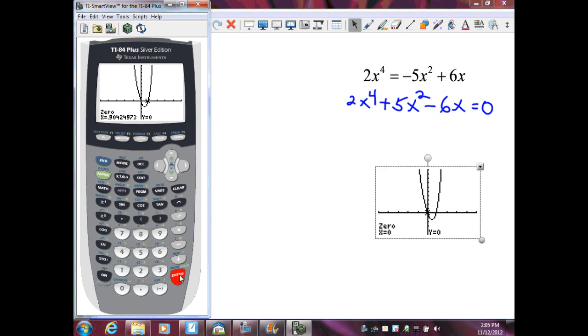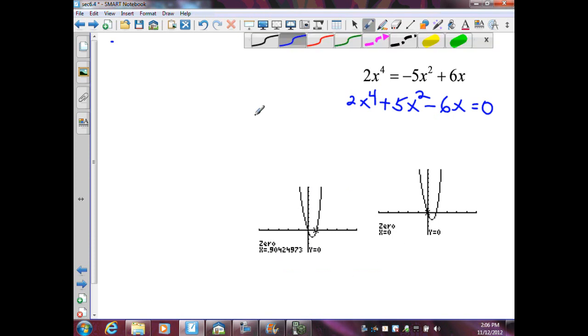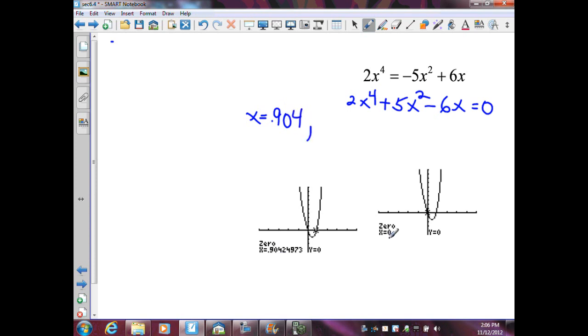Guess. And that gives me an x value of 0.9042. So I have my two x-intercepts, and my solutions are going to be x equal to 0.904 and x equal to 0.